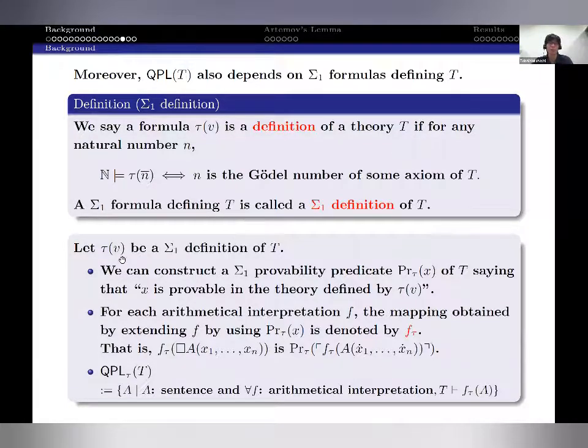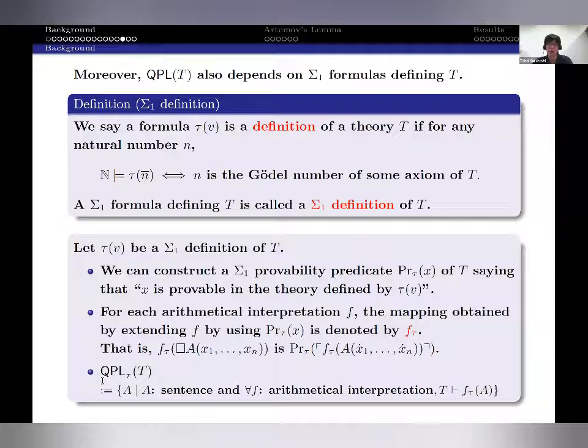Then let tau be a Sigma-1 definition of T. Then we can construct a Sigma-1 provability predicate Pr_tau of x, saying that x is provable in the theory defined by tau. And then for each arithmetical interpretation f, the mapping obtained by extending f by using this provability predicate constructed by using tau is denoted by f_tau instead of f_T.